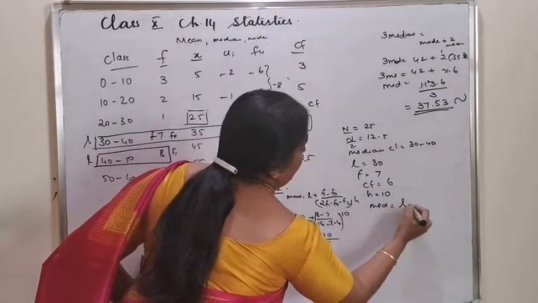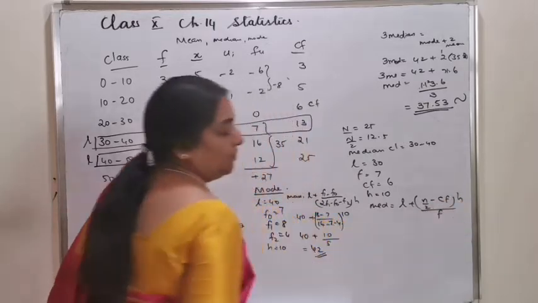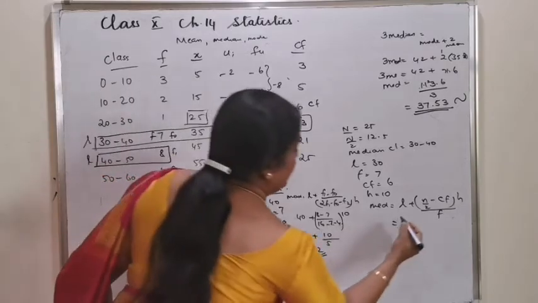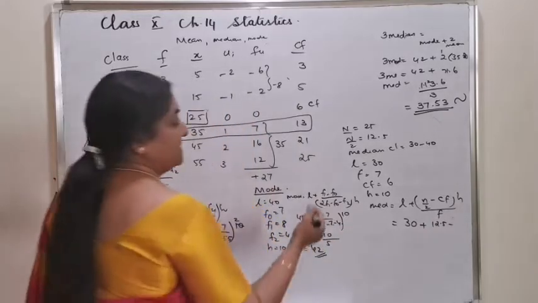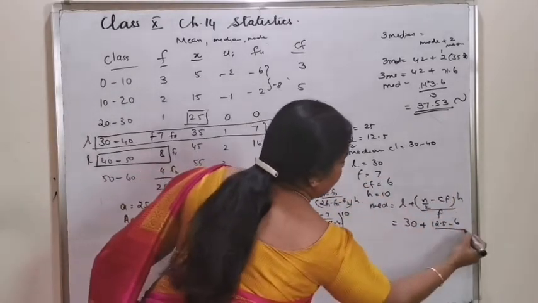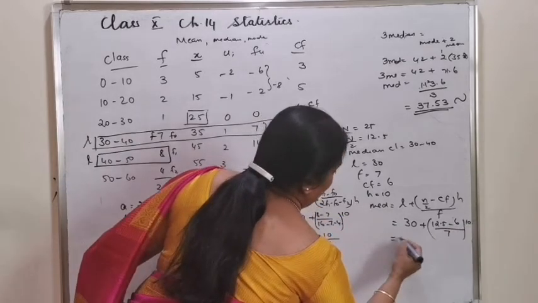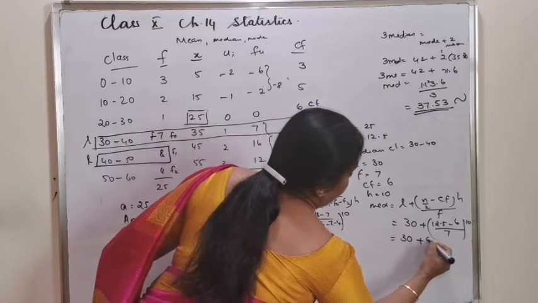Median is equal to L plus N by 2 minus CF by f into h, which is equal to the lower limit 30 plus N by 2 is 12.5 minus the cumulative frequency 6 by frequency 7 into 10, or 30 plus 12.5 minus 6 is 6.5.